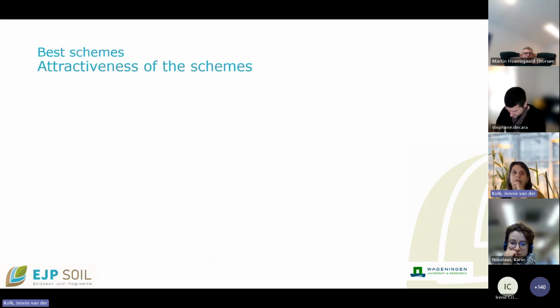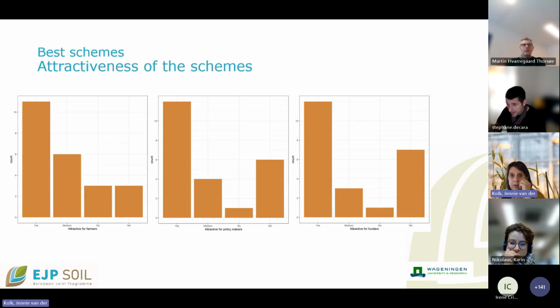Then we go to the attractiveness of the schemes, because we can think about the schemes from a scientific point of view, but it's the farmers, the policymakers, and in the case of the voluntary private schemes, the funders, who also have to know what to do with it and to like it.